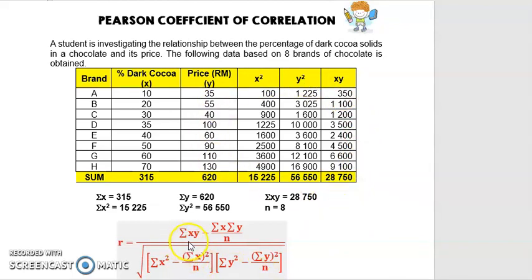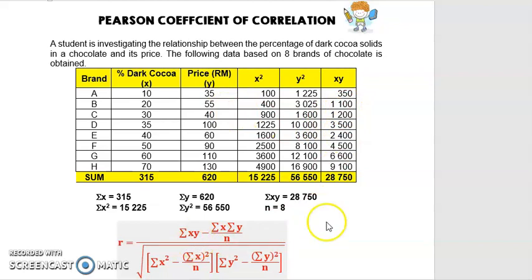If you calculate it manually, it will be something like this. What is the summation of xy? xy is x multiplied by y. For example, the first data, 10 multiplied by 35, we get 350. 20 multiplied by 55, we get 1100.